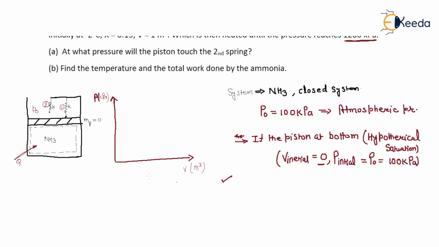So this is a hypothetical situation. Initially the limiting volume is zero and the pressure is P naught. So P naught and V naught is the initial situation, right?